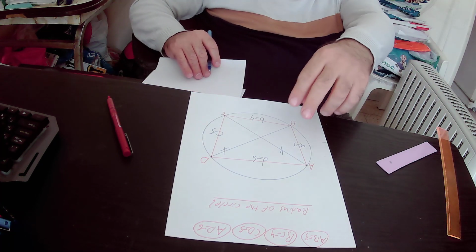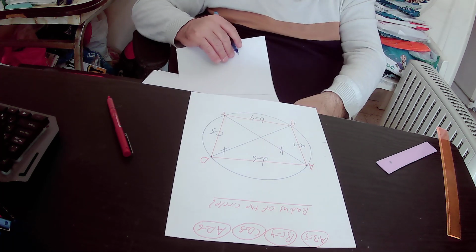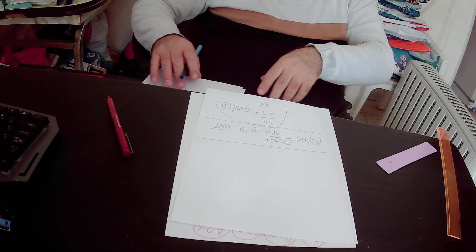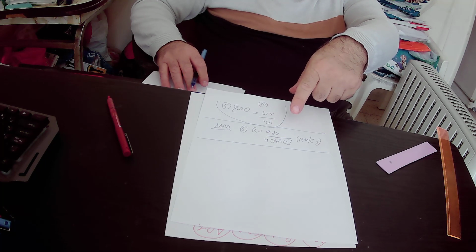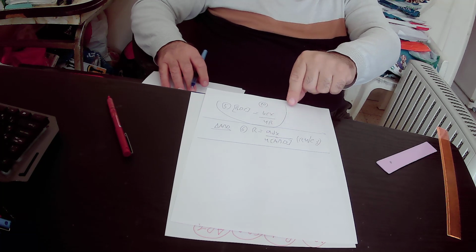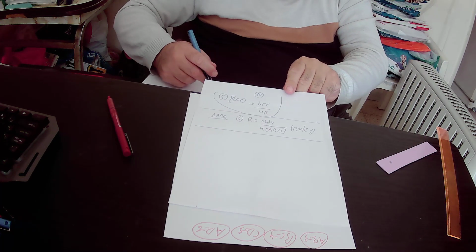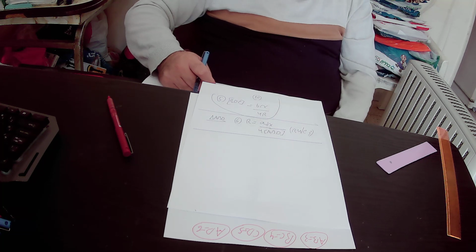I repeat again, triangle ABD is inscribed by this blue circle. Therefore, according to rule number 3, the radius of the blue circle that circumscribes triangle ABD will be equal to A times D times X over 4 times the area of triangle ABD.